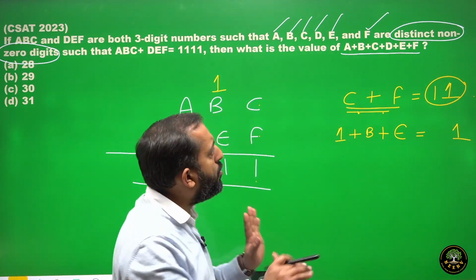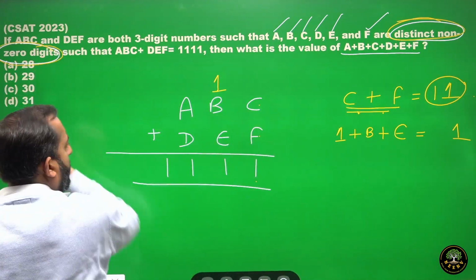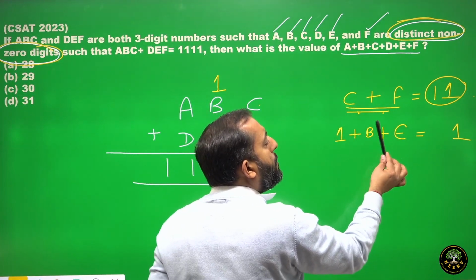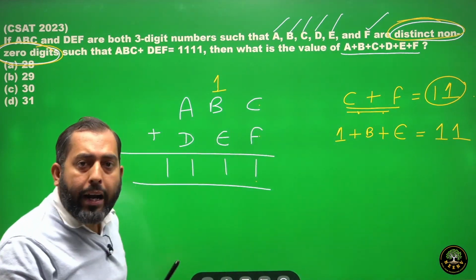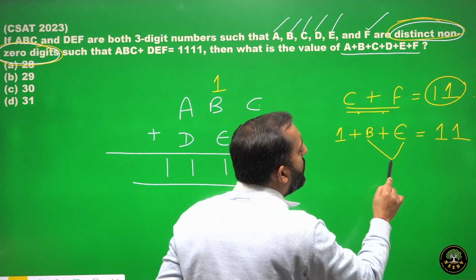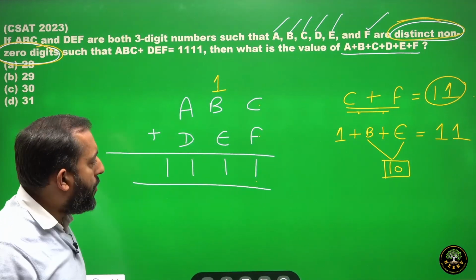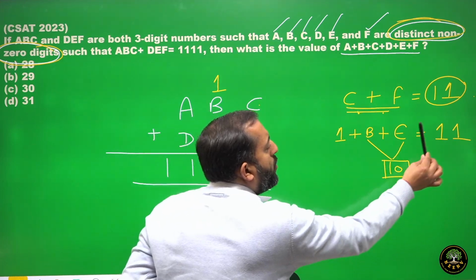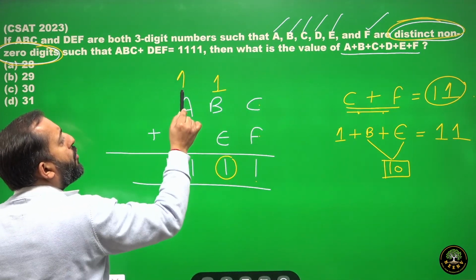B cannot be 0 because all of these are distinct non-zero digits. Now 1 plus B plus E should be 11. And if it is 11, this is only possible when B plus E is 10. Done. Further, 1 plus 10 is producing 11. You are writing 1 in the answer and 1 is the carry for the next step.